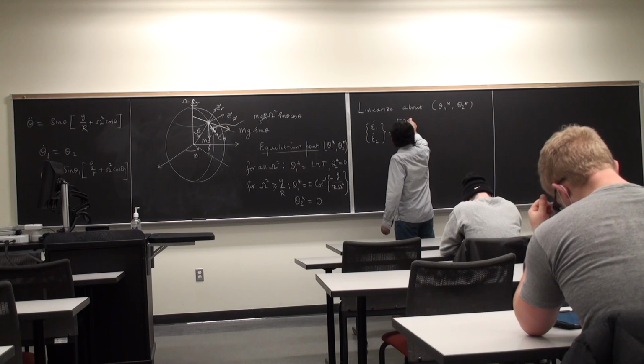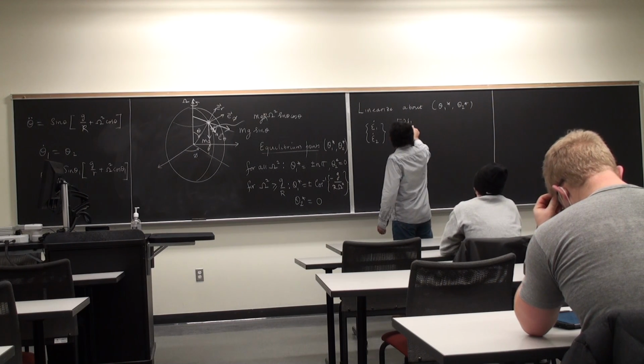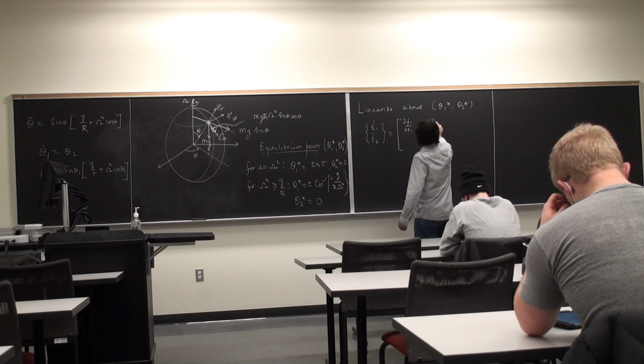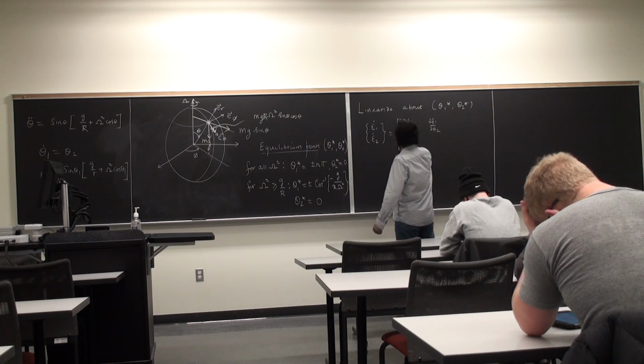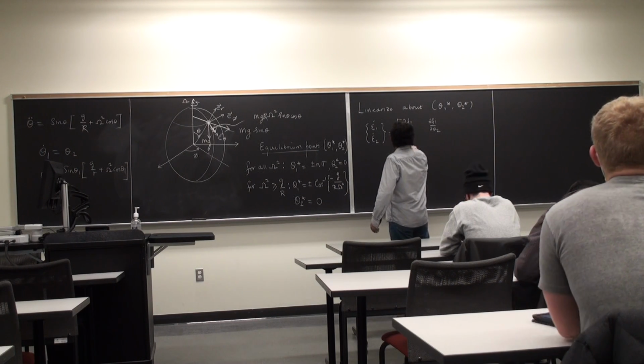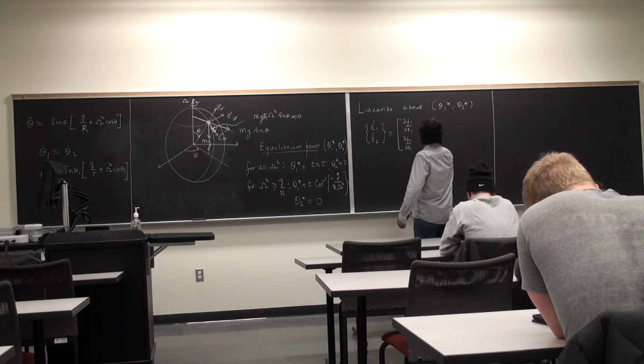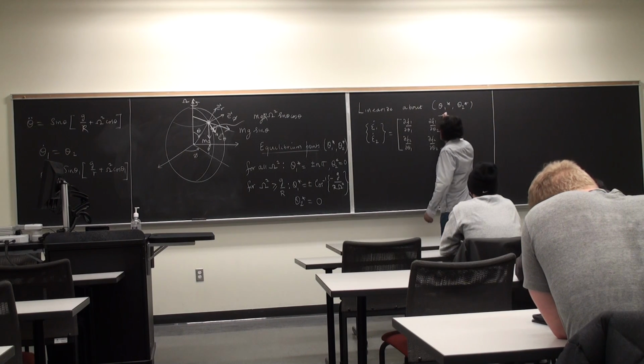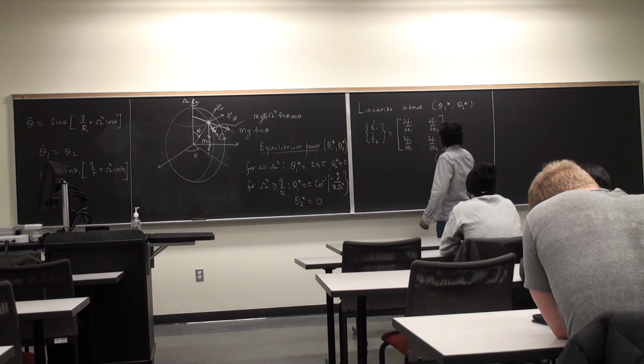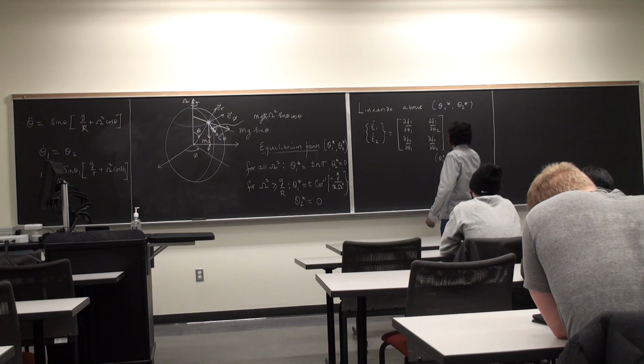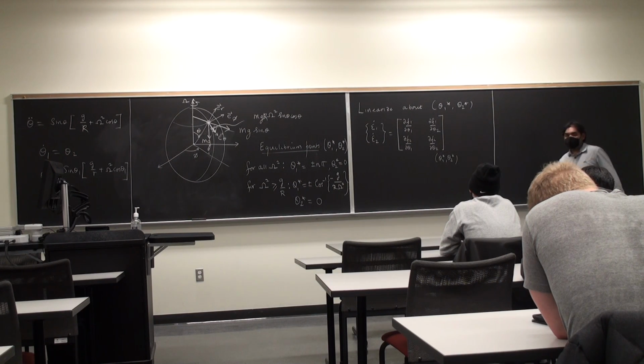So this is df1 by d theta 1, df1 d theta 2. Evaluated at the equilibrium point, multiplied by the column vector epsilon 1, epsilon 2.